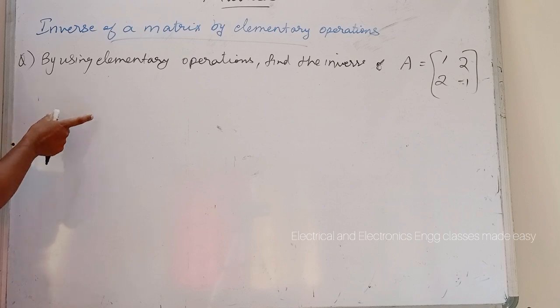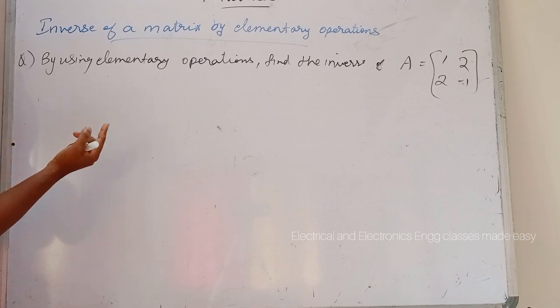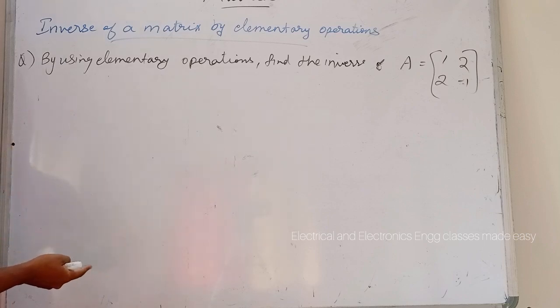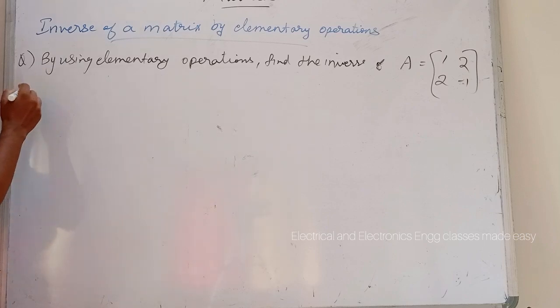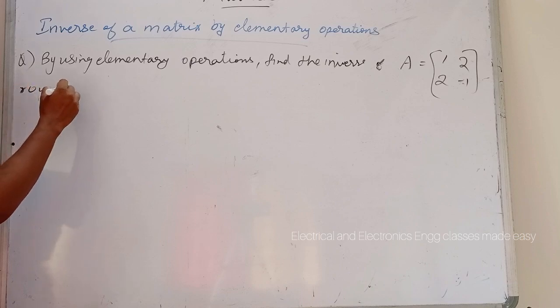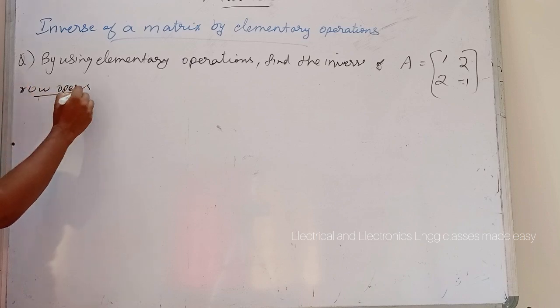So let us do a problem by using elementary operations. Find the inverse of A is equal to [1, 2; 2, -1]. So for the elementary row operation, let us do the elementary row operations.